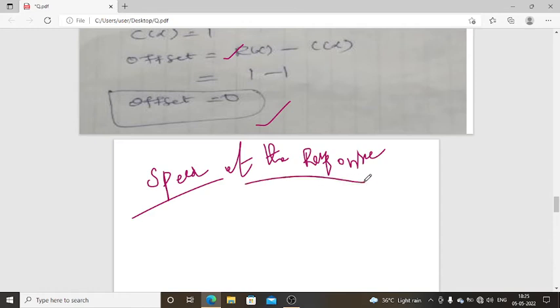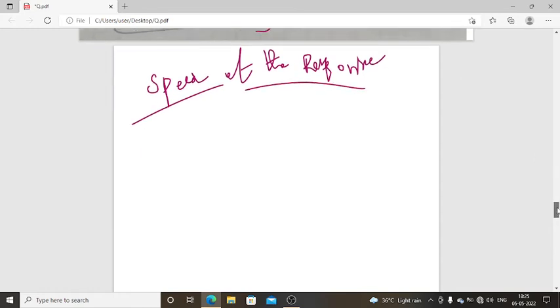First one, P controller. Here C of s by R of s is already derived, refer to the previous one.